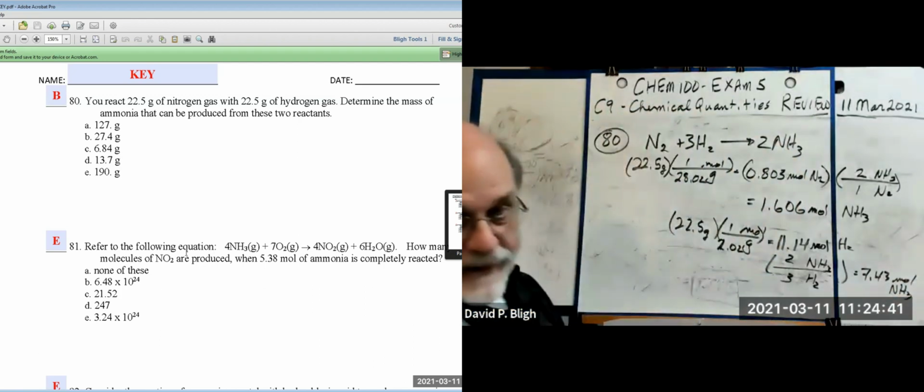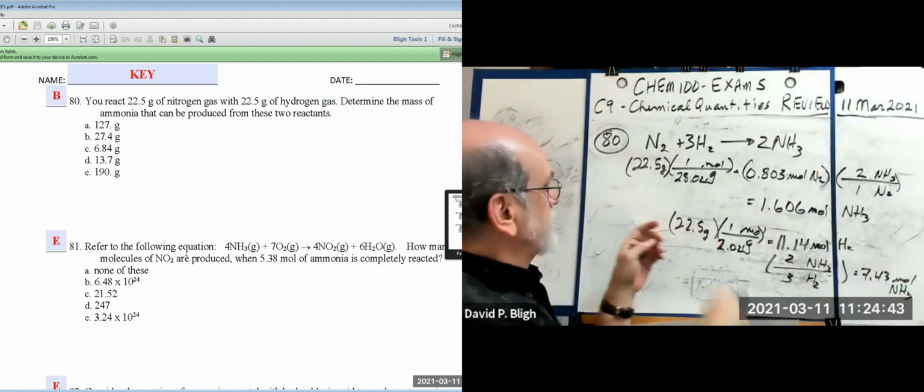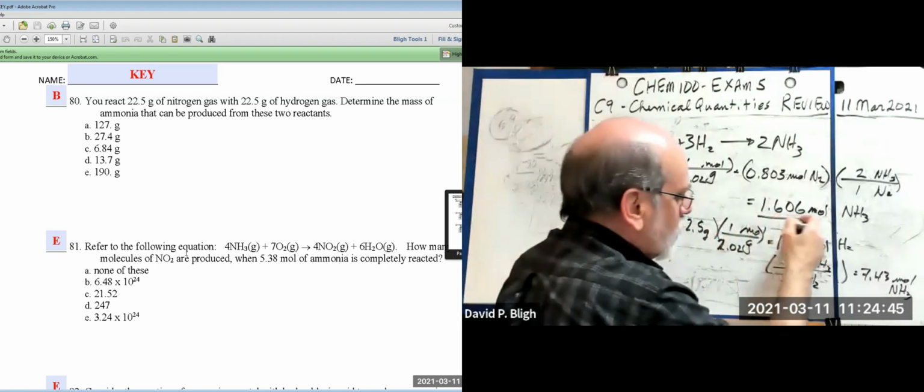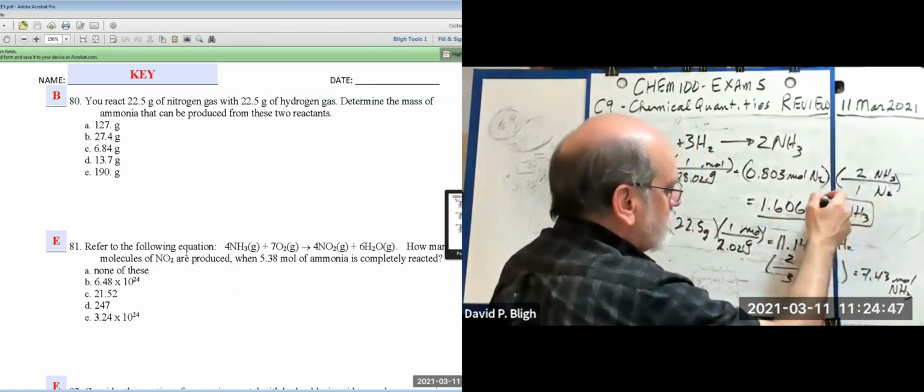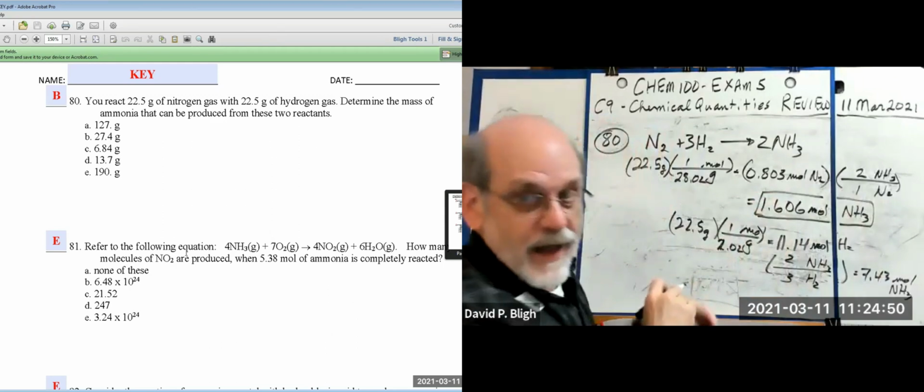All right. Now we know the limiting one. It's nitrogen. We're only going to get this much ammonia. So, how many grams is that?